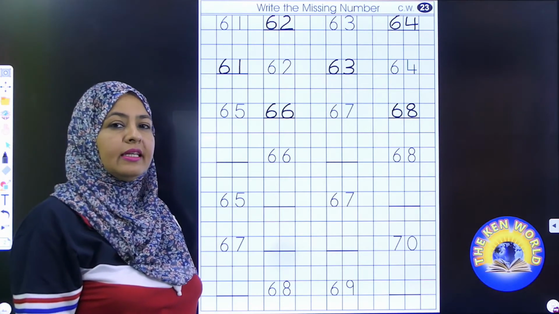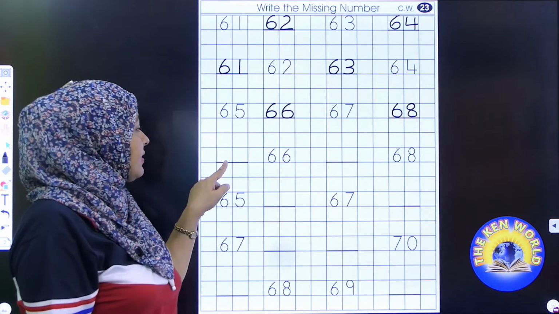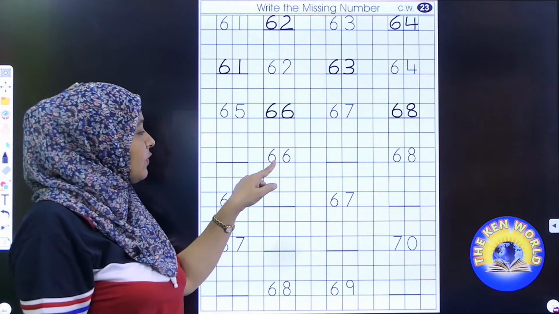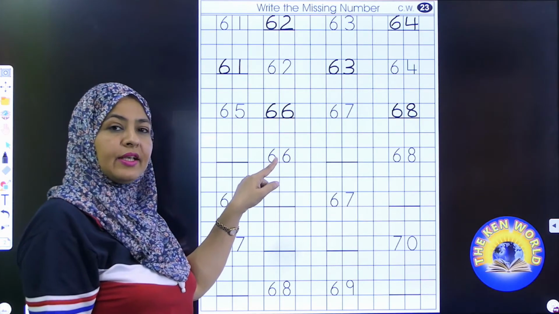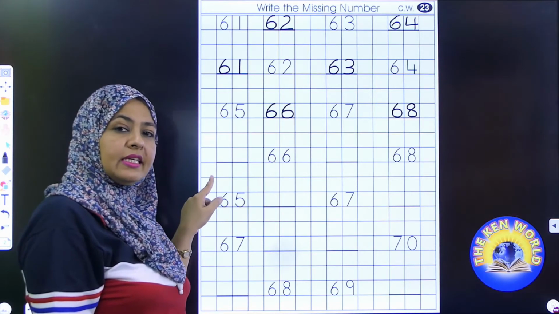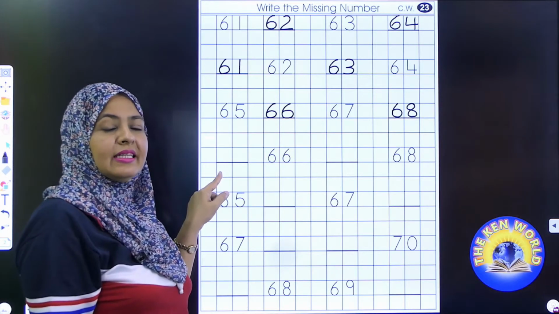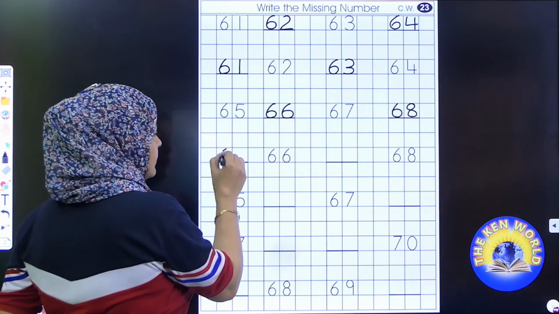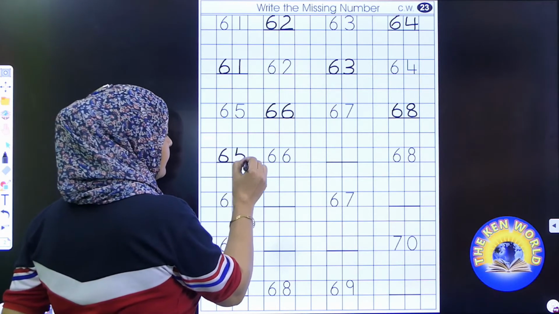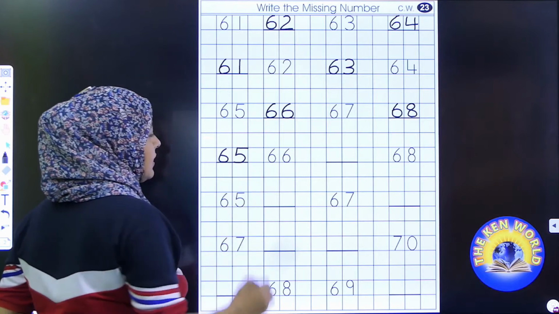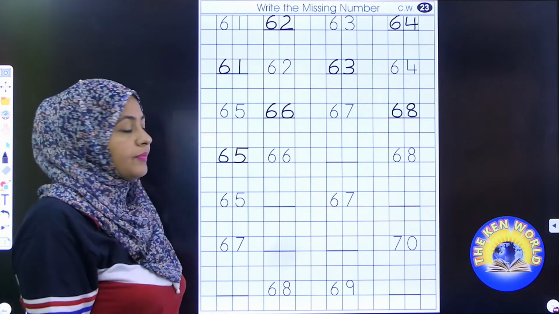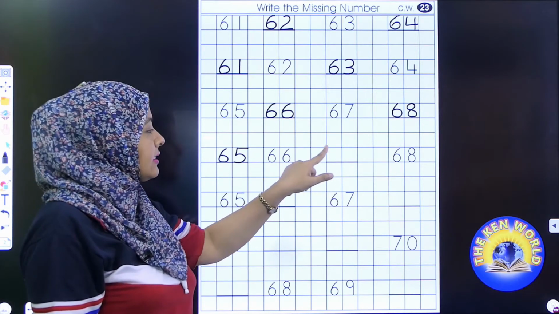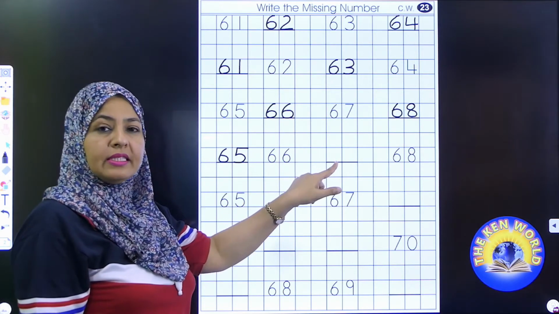Now move to the next row. There is no number. So move to the next one, that is 66. So what comes before 66? Well said, 65. Before 66, it's 65. 65, 66 and the next number is missing here.